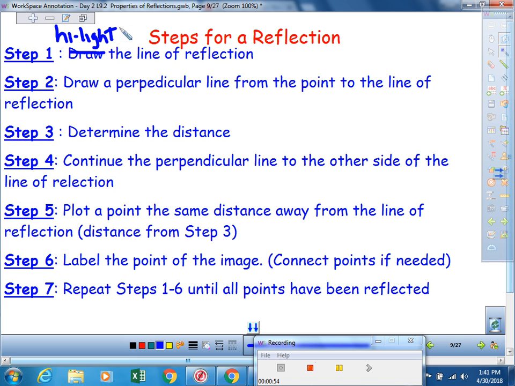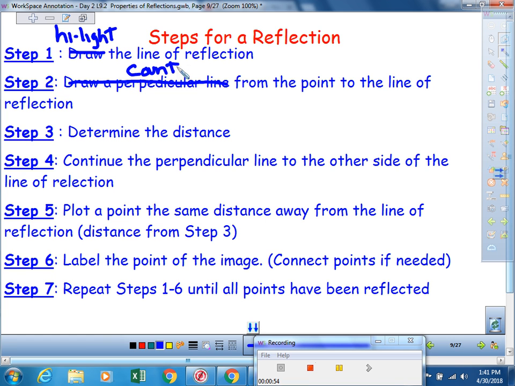So if you have a highlighter, I would take it out. And then instead of drawing a perpendicular line from the point, we are counting. So count from the point to the line of reflection.